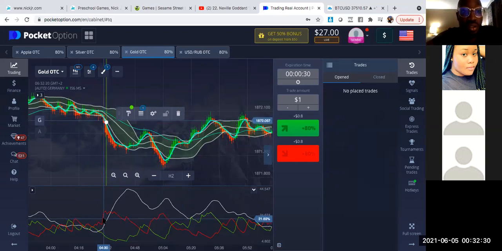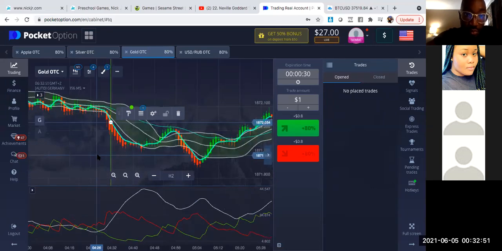So it's clear that the sellers are there. So as long as the white line is above, then I am in momentum. And as long as the corresponding color is above the 20% area, then that's who has momentum at that particular time. Okay.